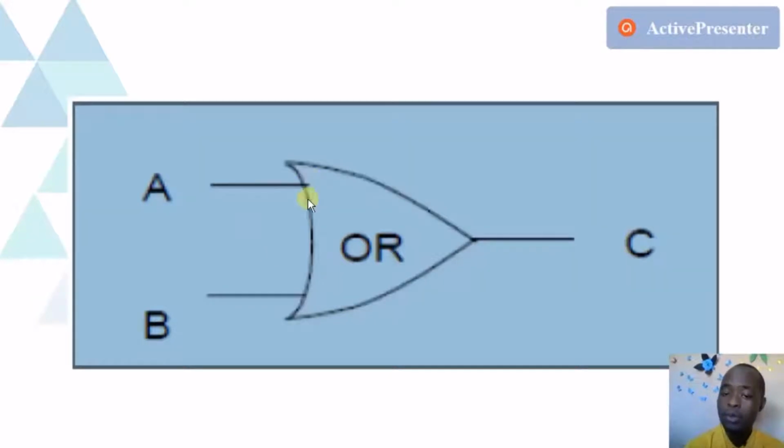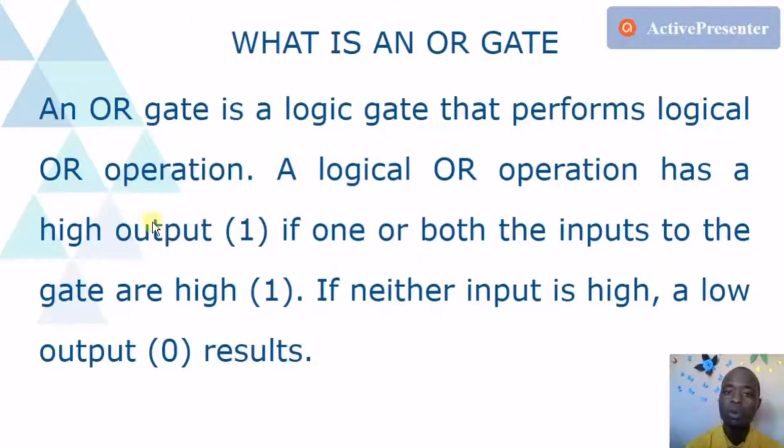This is the symbol of an OR gate. This is an OR gate with inputs A and B, which means it has two inputs and an output: two inputs A and B and an output C. What is an OR gate? An OR gate is a logic gate that performs the logical OR operation.